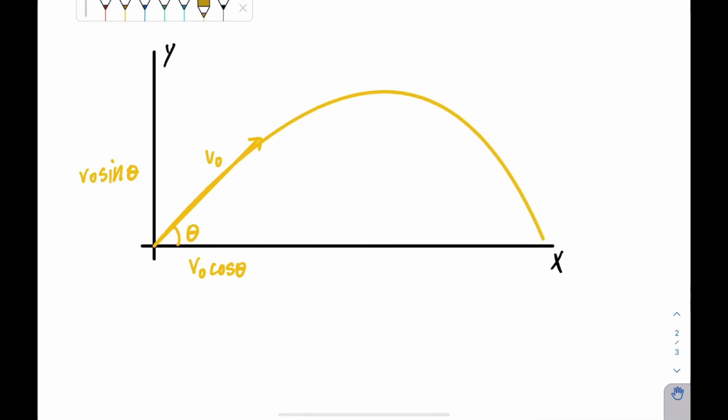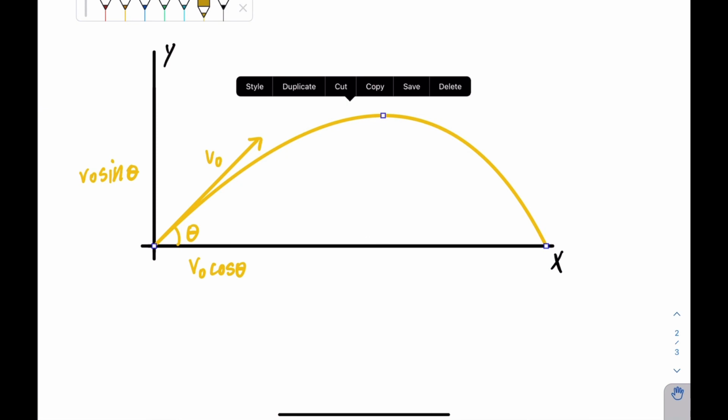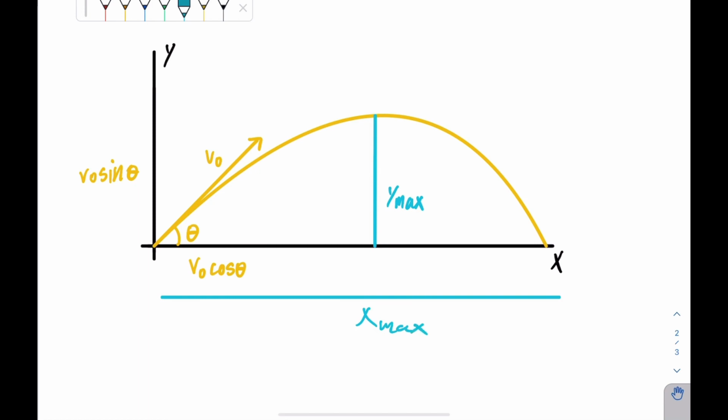Likewise, we will get a parabolic trajectory, and this will include some maximum y height, which I shall call y max. It will include a range, which we shall call x max. And we will also have, again, that elevation angle of theta.